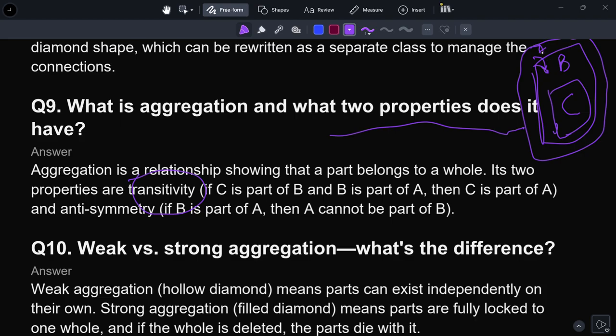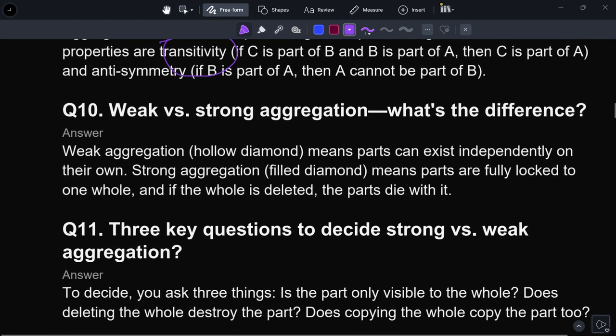Of course A is in B, B is not in A. So A contains B, B doesn't contain A. So if a card reader is part of an ATM machine, it is physically impossible for the entire ATM machine to be stuffed inside that tiny card reader. That's what we understand.